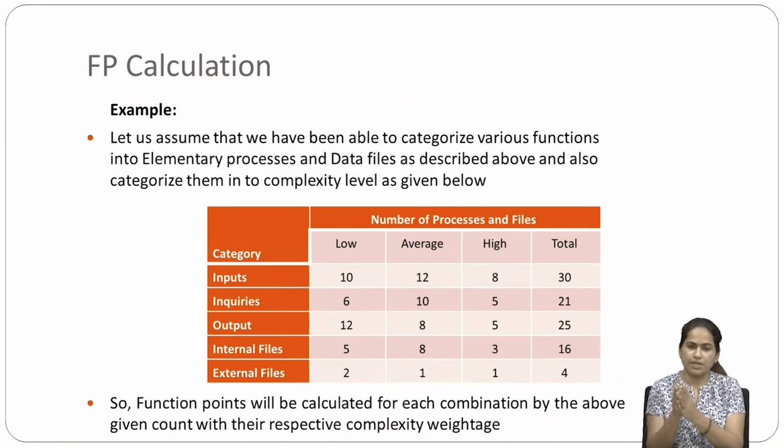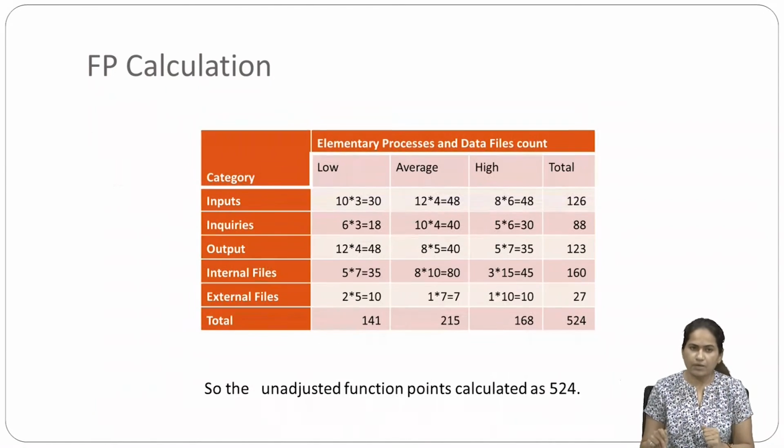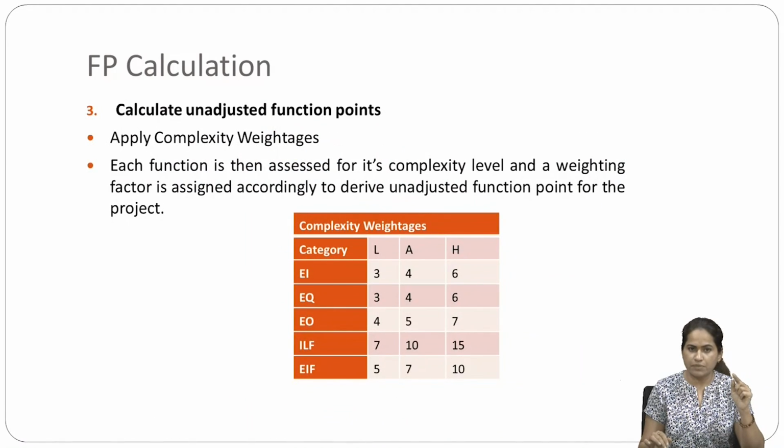For low, average and high we have three different numbers, and one column called total, which gives you the total of inputs, inquiries, outputs, internal files and external files. For this type of table, when we calculate, we will consider the weighted points which we have here.